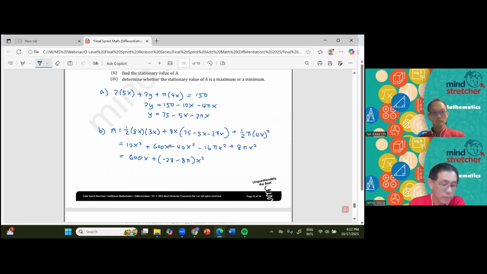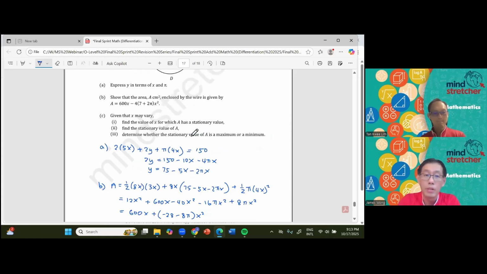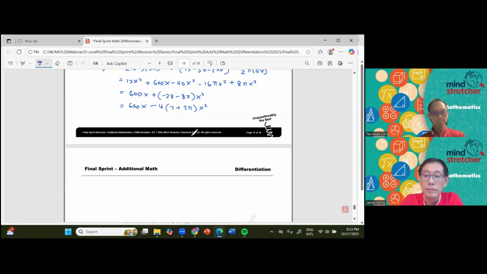From here I can simplify to 600x minus 4x squared, factorizing out the 4, so I have 7 plus 2 pi. And this is what they want us to show, right? So I got part B.